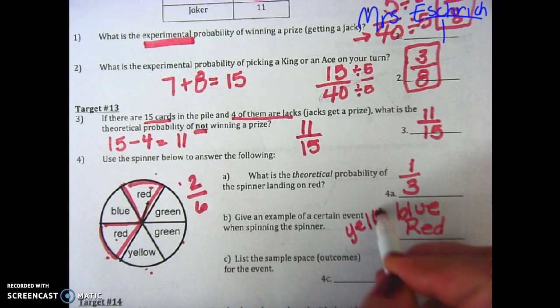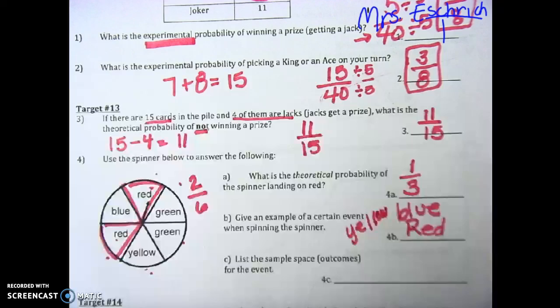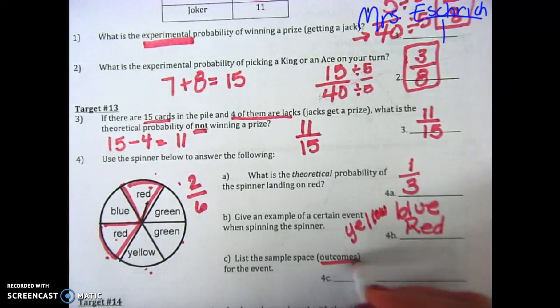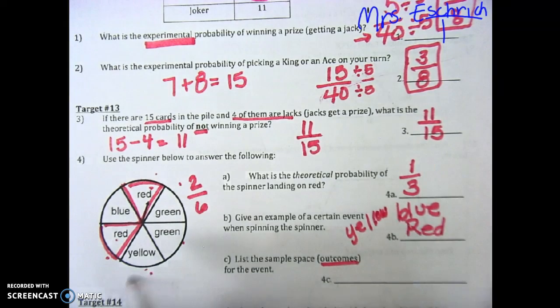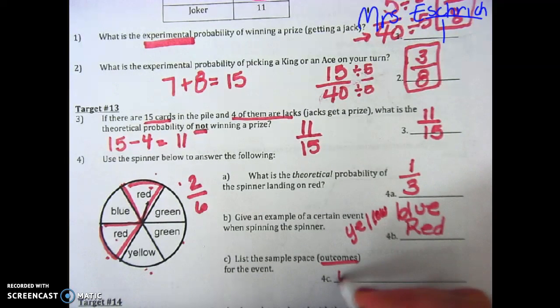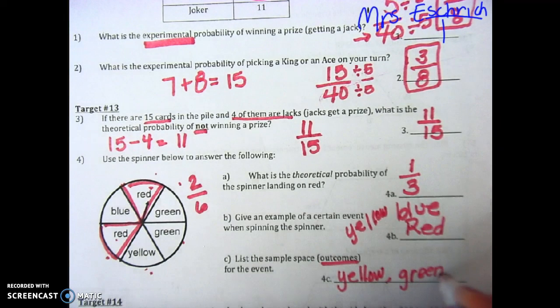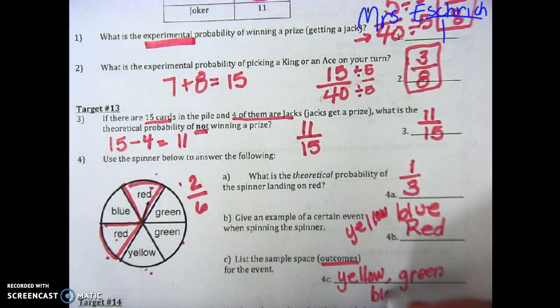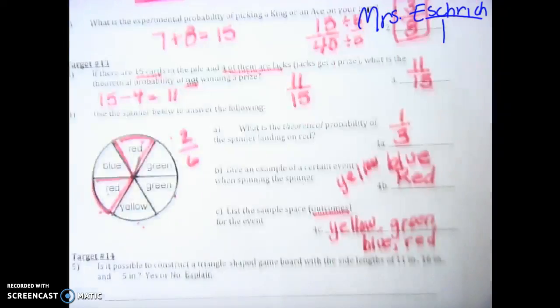And you can pick which one you want, right? List the sample space. The sample space is just the outcomes. Well, what are the outcomes here? Kind of similar to the question before. Yellow, green, blue, red. Did I miss any? Hope not.